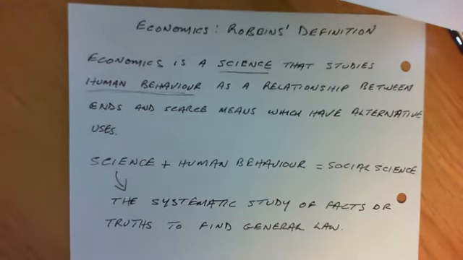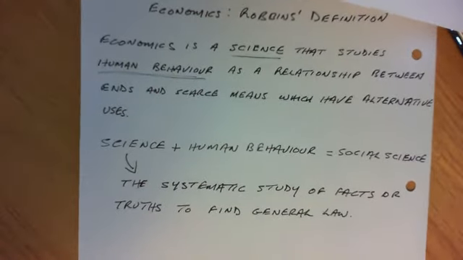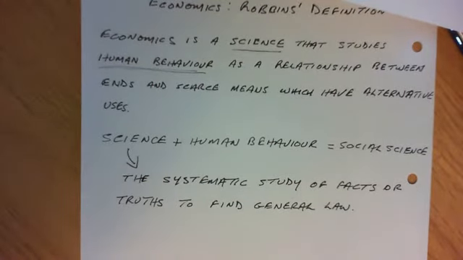So it's a systematic study of facts or truths to find something general. We try to generalize. The whole idea is to generalize so that we have a statement about the universe or about the world we live in or about something, and this statement encapsulates a lot of findings.